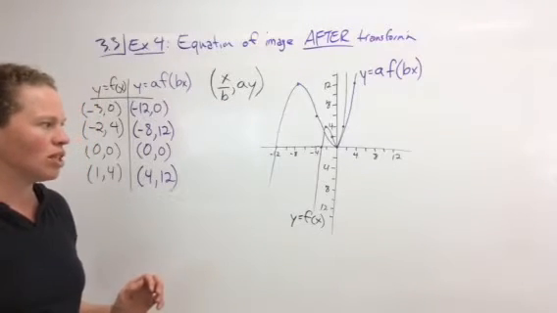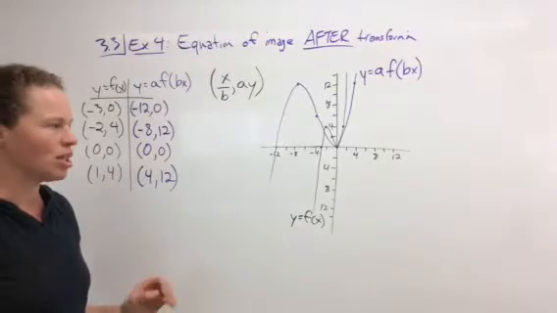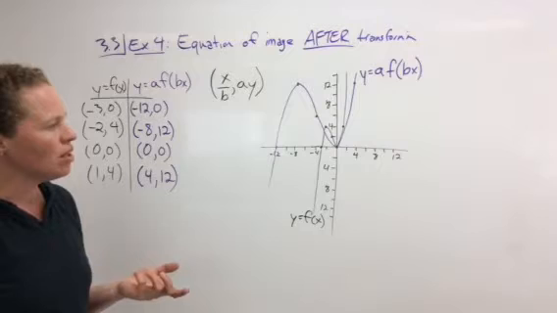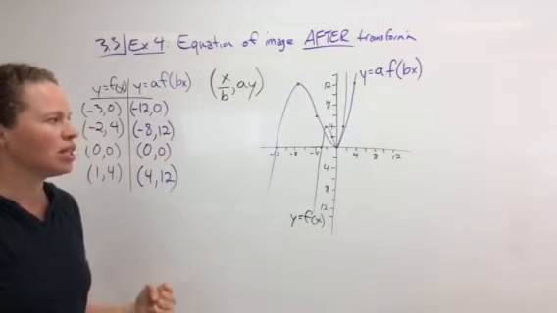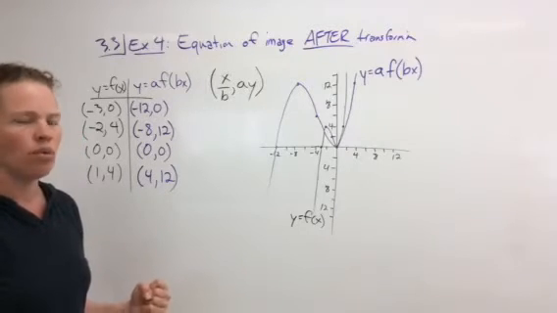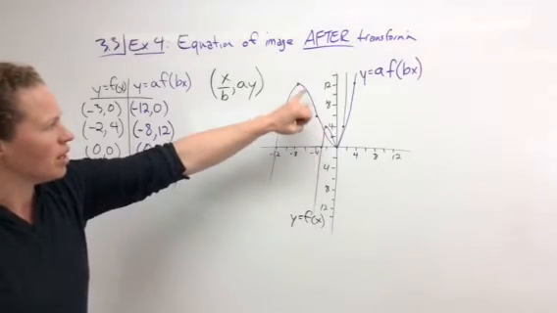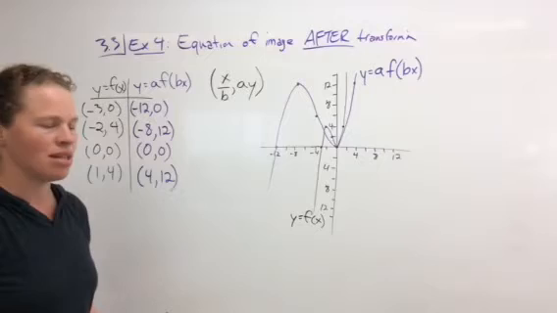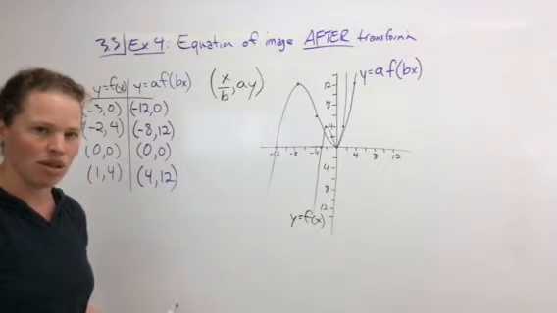So there was no moving up or down, no moving side to side, because otherwise that point wouldn't be the same. But a really, really clear point to use would be the one at the top of the bump, because that's really obviously the same point, no matter what you did to the graph.